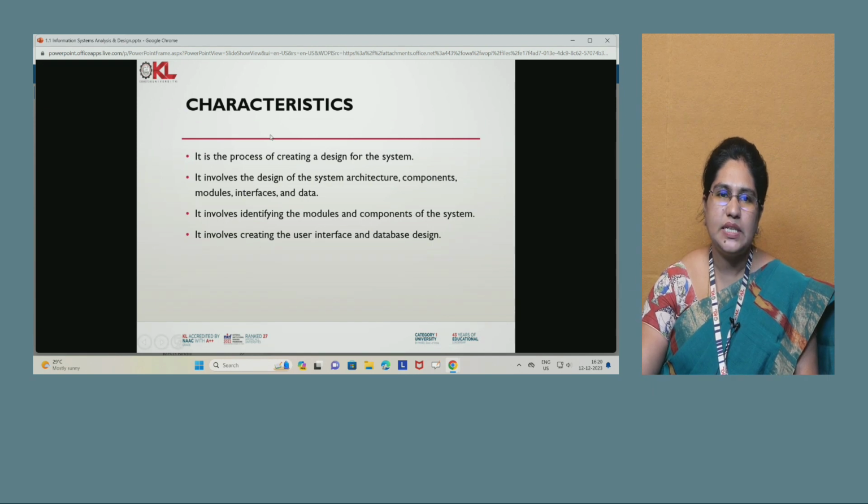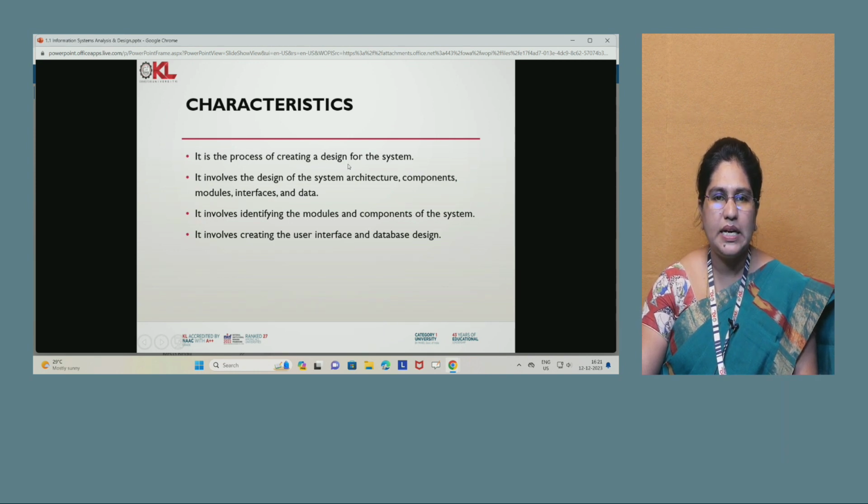What is the first stage? It is used to create the design, and it involves the system architecture, components, modules, interfaces and data. After that it modifies the modules and components of the system. So after the required design is done, it identifies the modules and components of the system, and then creates the user interface and data design.